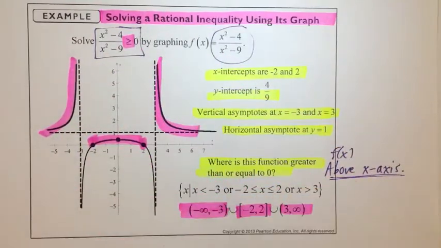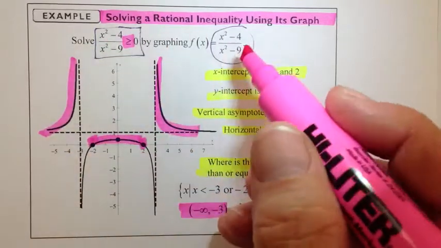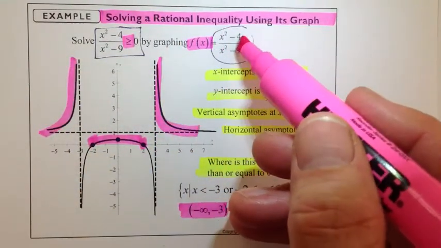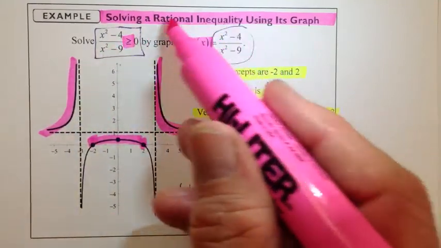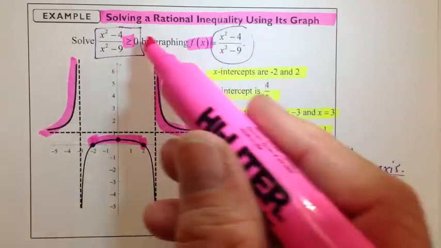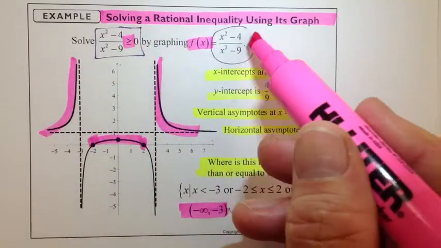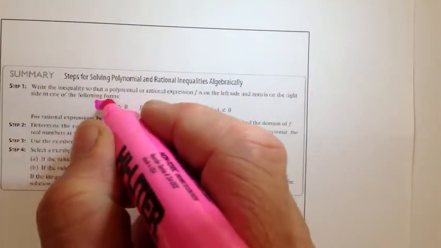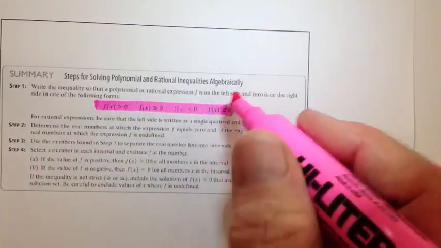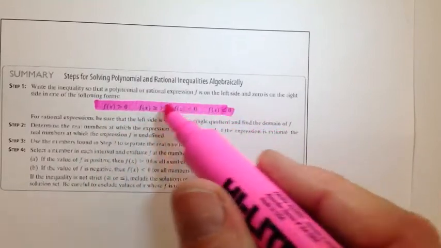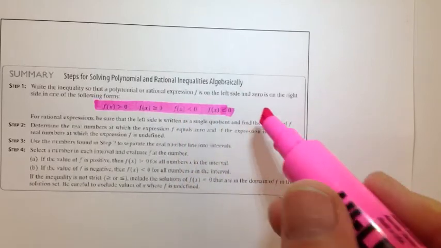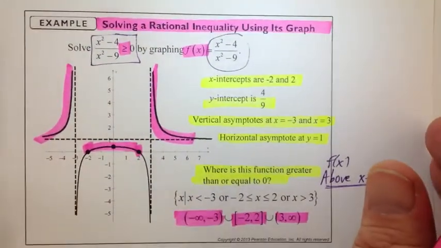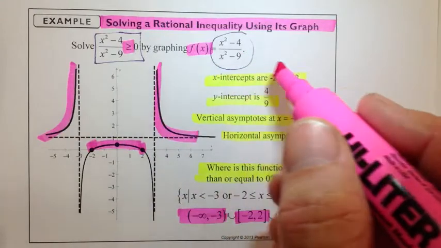If we let f of x equal that function on the left side, we always have to make sure that when we solve a rational inequality using its graph, we set the right side equal to 0. f of x is either greater than or less than, and also greater than or equal to, less than or equal to 0. 0 has to be on one side for us to be able to do this. We already have 0 on one side, so we're good.